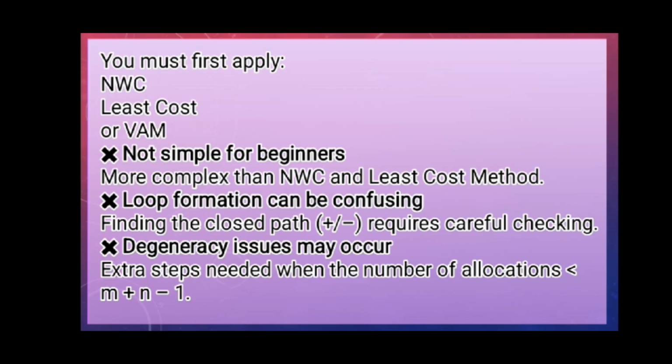It is also not a simple calculation for beginners, loop formation can be confusing, and degeneracy issues may occur. So these extra steps are needed when the number of allocations is less than m plus n minus 1.